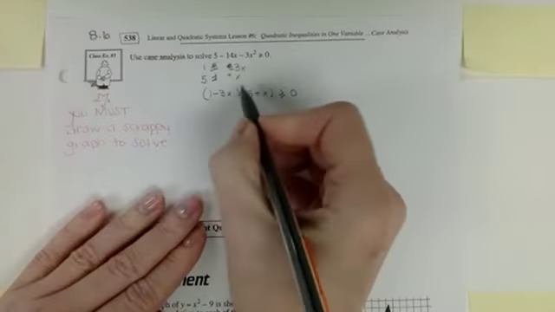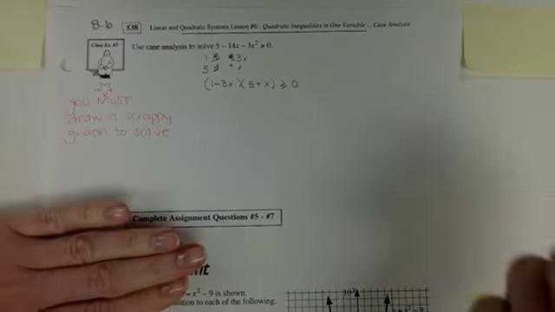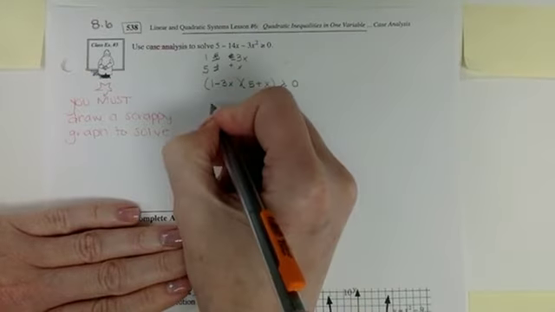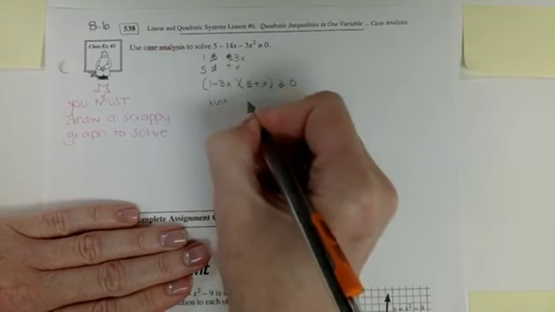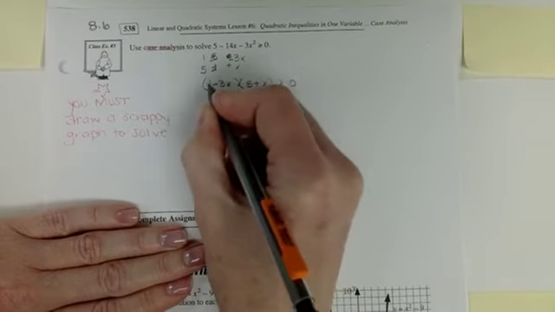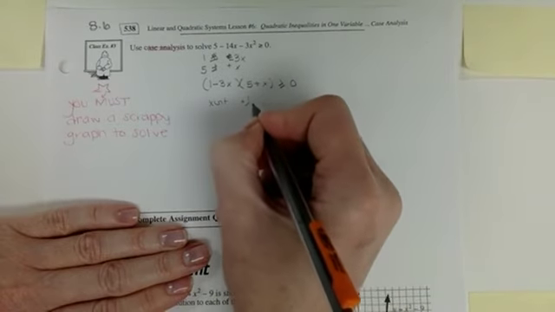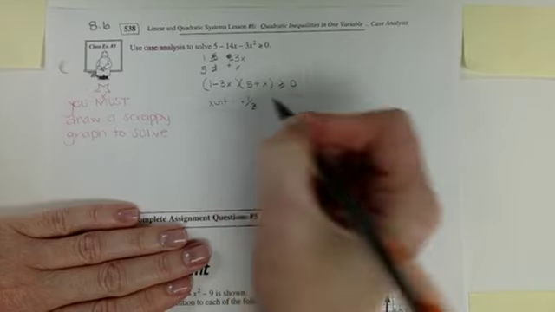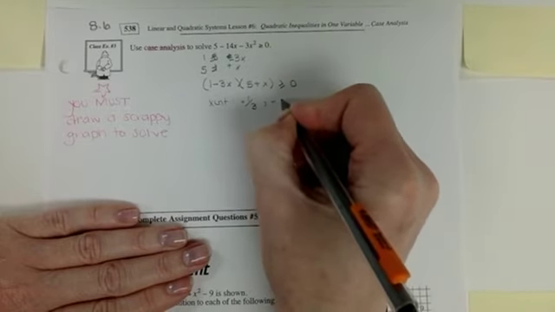When is this equation greater than or equal to 0? From there, you cannot tell which one goes with the x-intercepts. So my x-intercepts are going to be the opposite sign number divided by the number with the x. So positive 1/3 and negative 5.